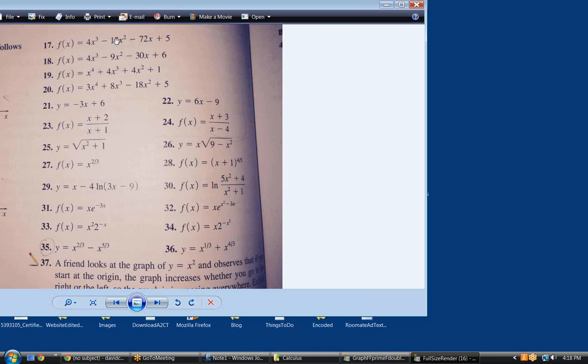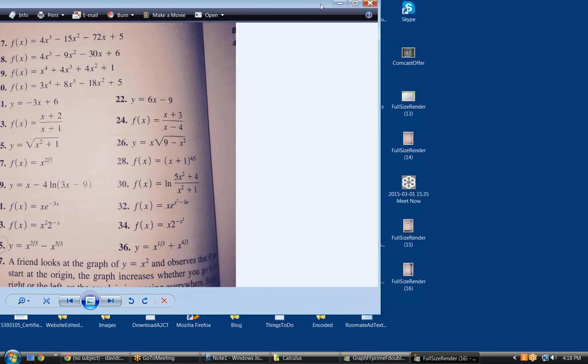Because, first of all, whenever you take a derivative of a polynomial, you reduce its degree by 1. So if I start with a cubic, after I take a derivative, I'm going to have a quadratic. Okay. This one is a quartic. So after I find the derivative of this, I'm going to have a cubic.